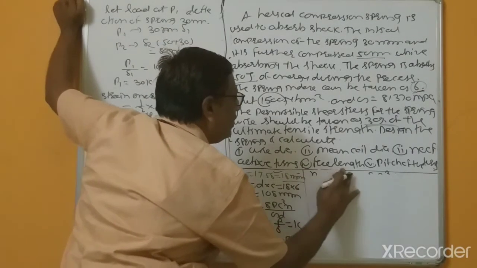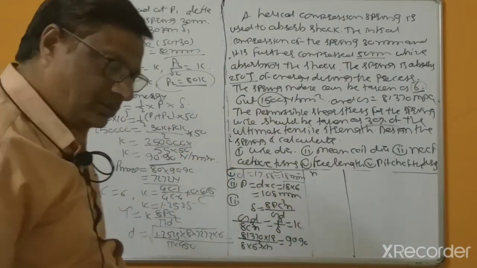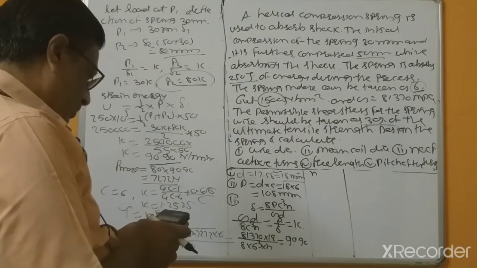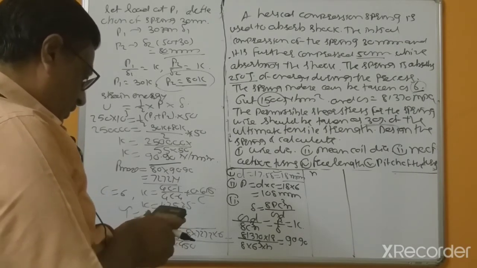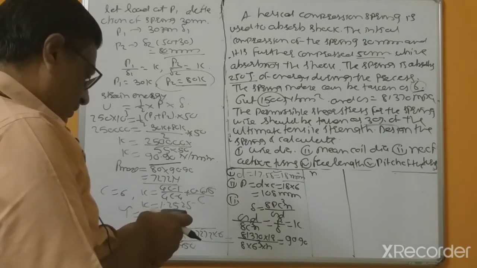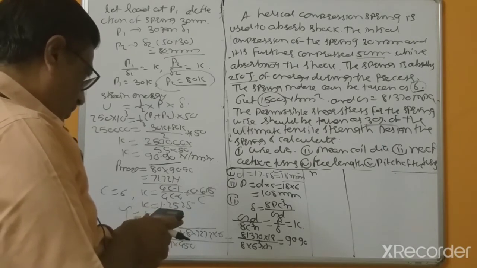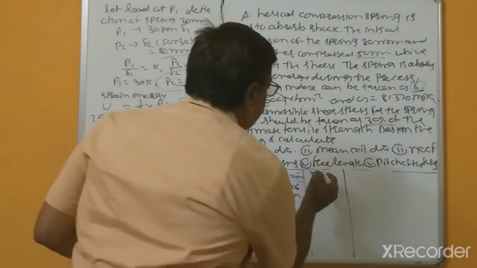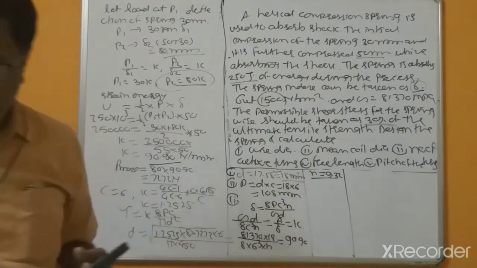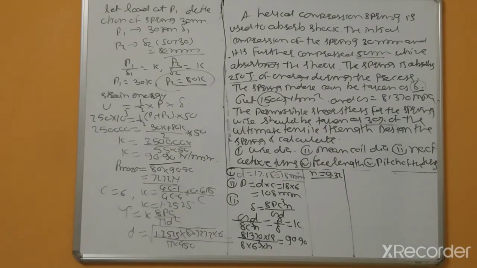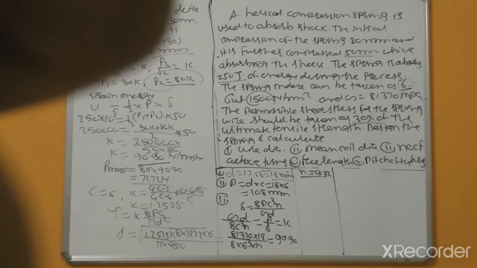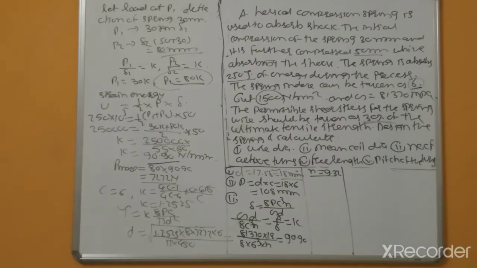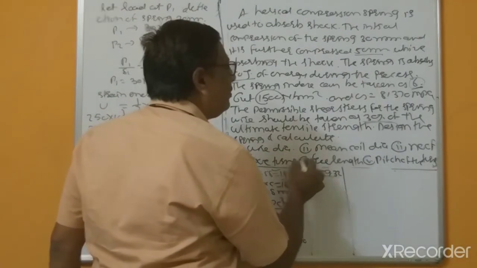So N equals, now cross multiplication, 81370 multiplied by 18 divided by 8 divided by 6 cube divided by 90.90, N equals 9.32. So this is the number of active turns.